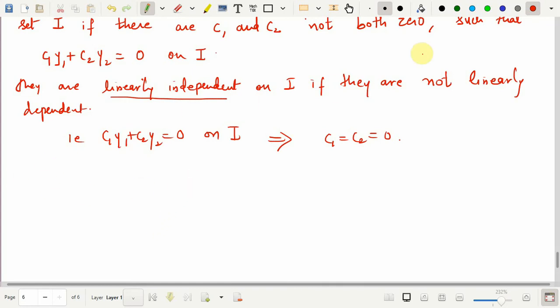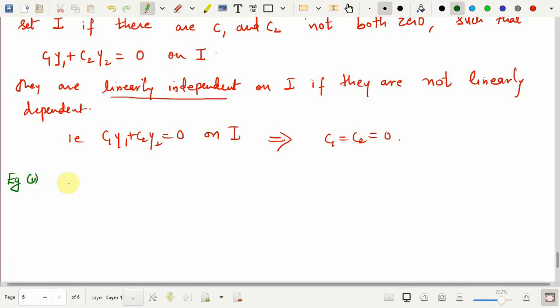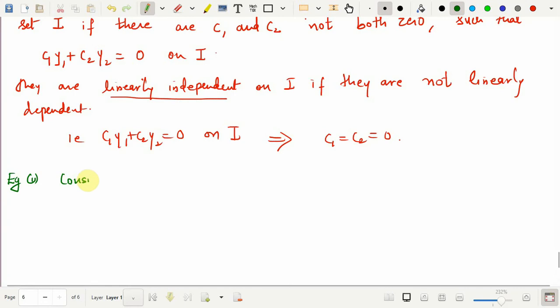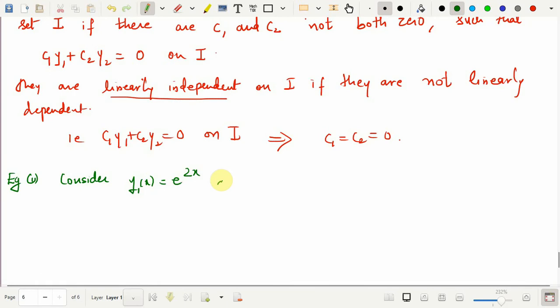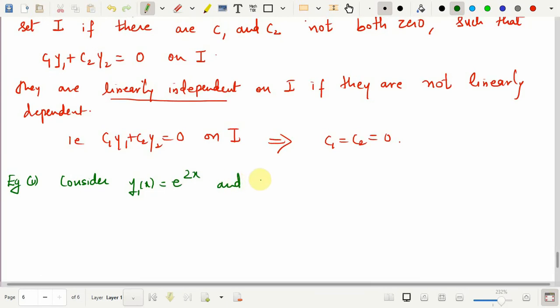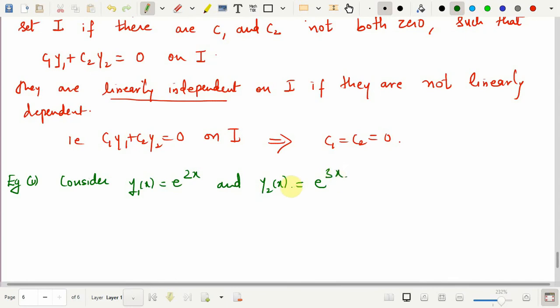So let me quickly take a couple of illustrative examples. The first one, consider y1 of x is equal to e raised to 2x and y2 of x is equal to e raised to 3x. The question is, are they linearly independent or linearly dependent on R?